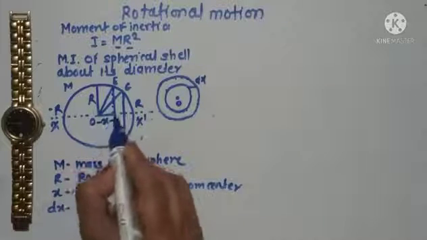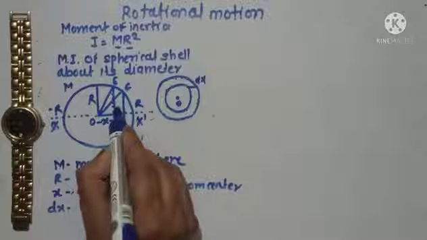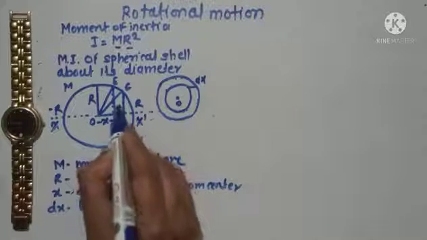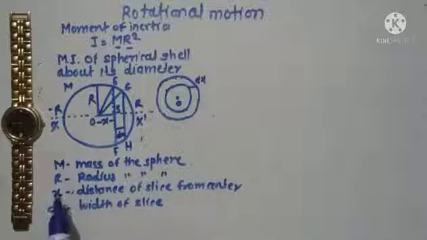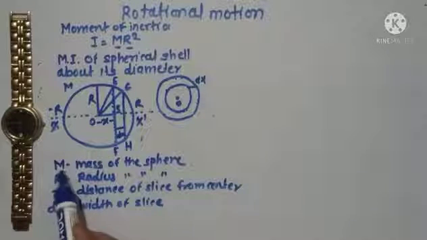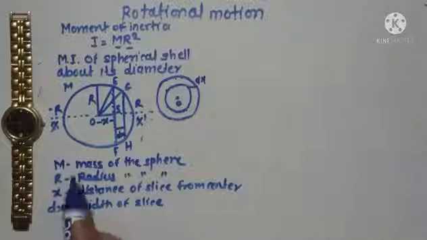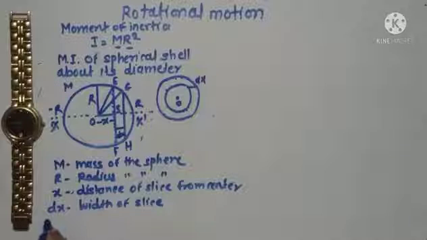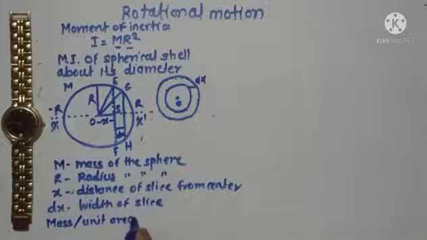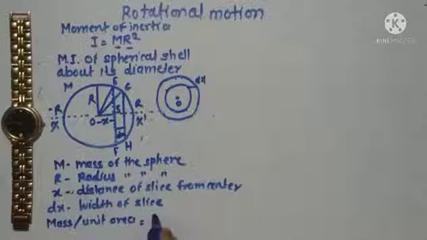Now if I call this point as say S, so if m is the mass and r is the radius of the sphere, then mass per unit area of this whole sphere can be written as m upon 4 pi r square.